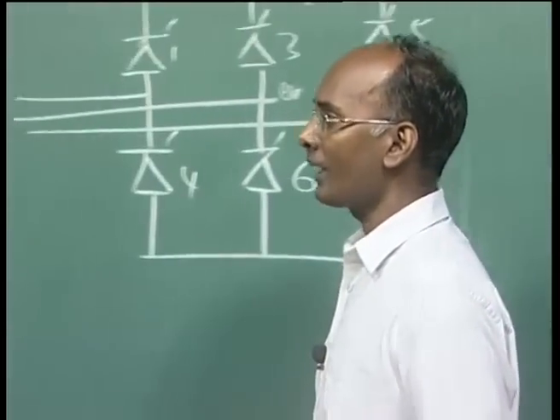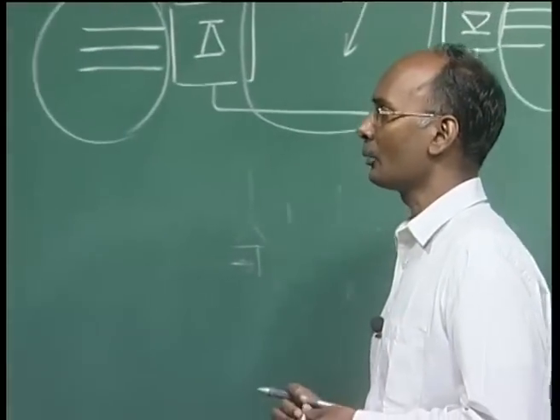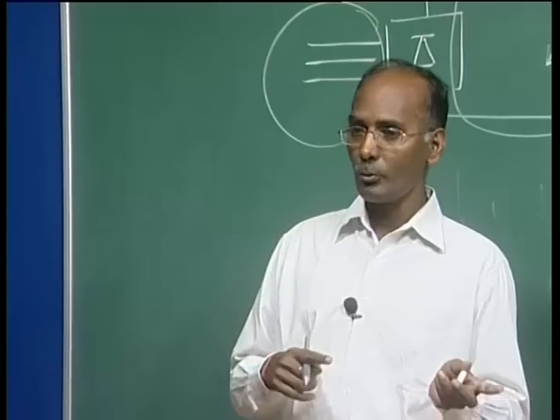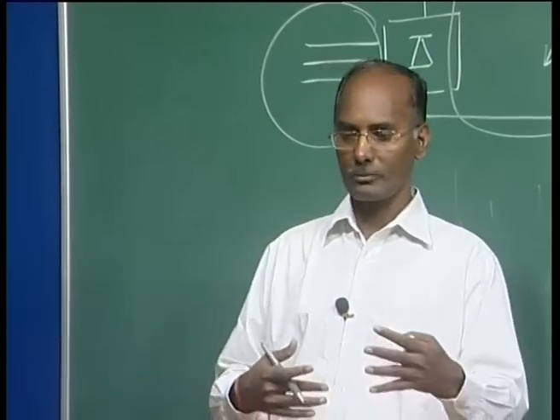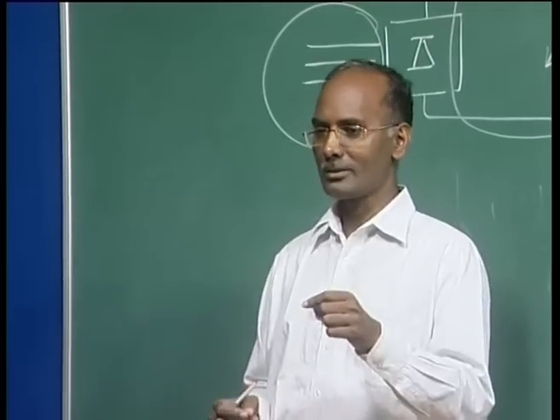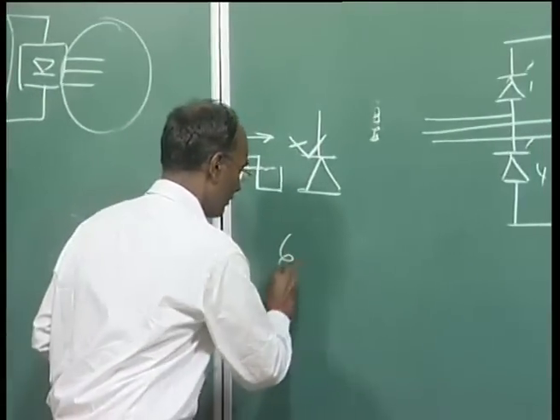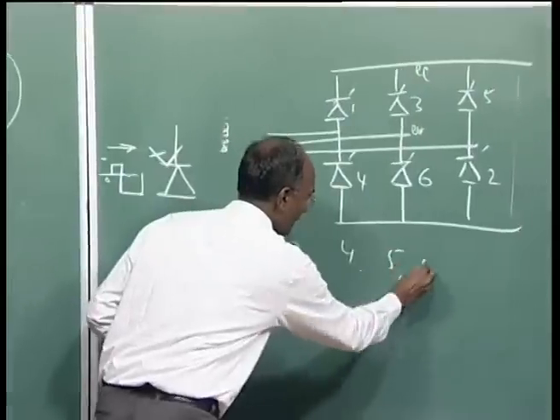In the misfire, as its name suggests, it is a failure of a valve to ignite during a scheduled conduction. Earlier, the two were random in nature depending on the fault condition, faulty valves, etc. Here you are giving gate pulses in a regular pattern, 1, 6, 1, 2, 3, 4, 5, again 6.